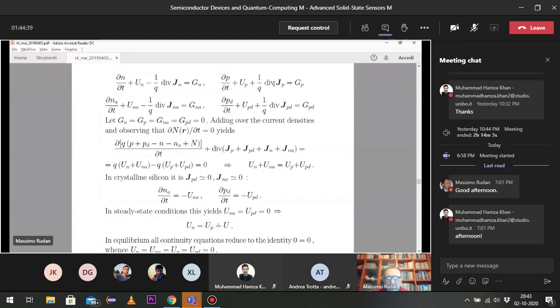Then we have divergence of Jp plus divergence of Jpd. Then the others change sign. We have plus divergence of Jn and plus divergence of Jna, and we brought the charge to the left, okay? And then we have the thermal recombination terms. So this is equal to Q (UN plus UNA) minus Q (UP plus UPD).